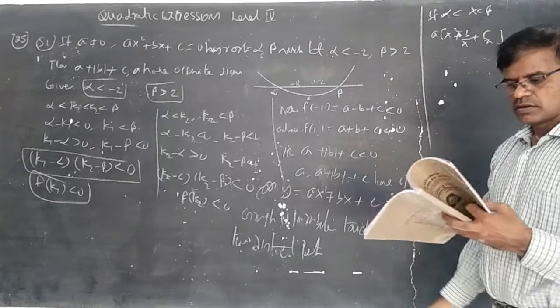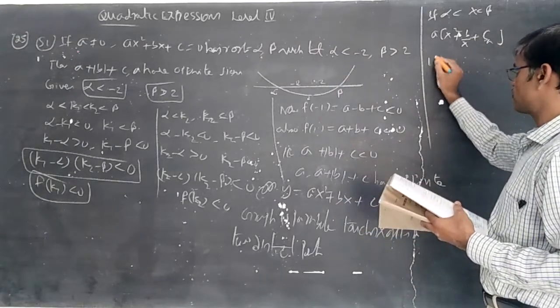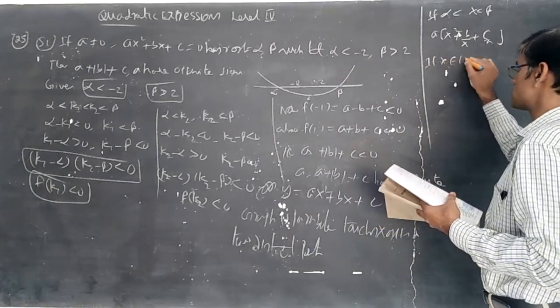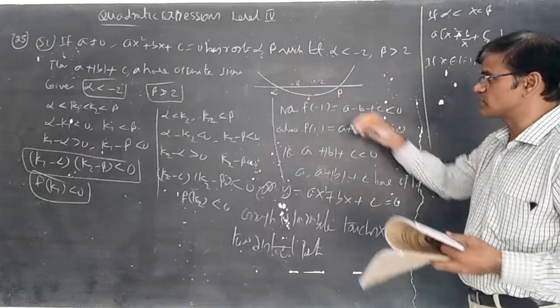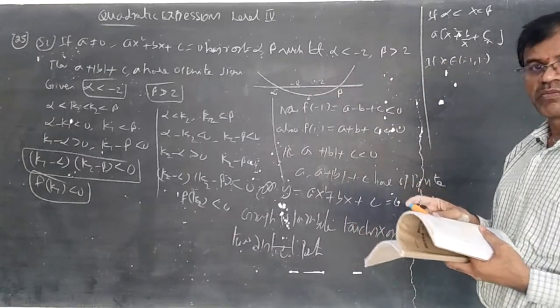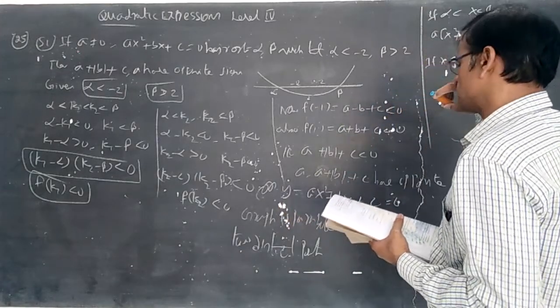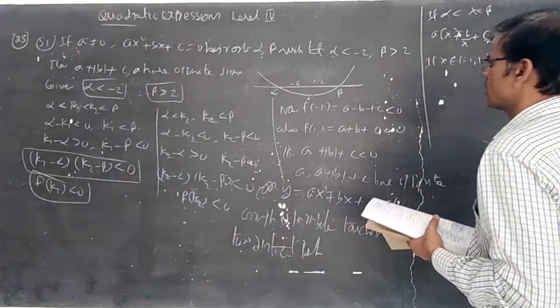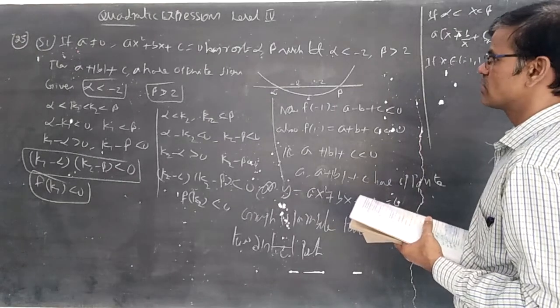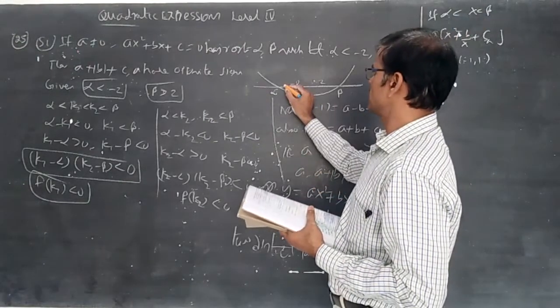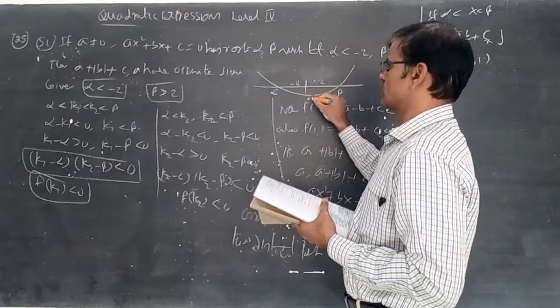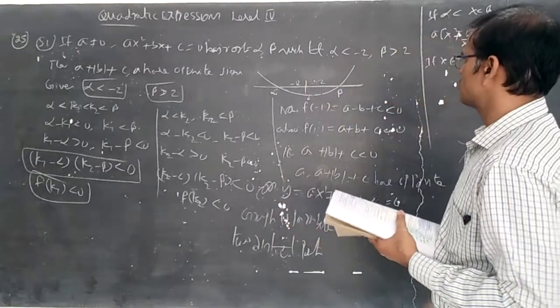Now if x belongs to minus 1 comma 1, depending upon this, alpha less than minus 2 and beta greater than 2. Alpha less than minus 2 means you take minus 1, and beta greater than 2.